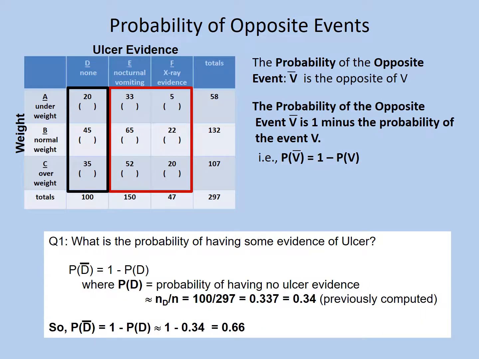So, to get our answer, we first find the probability P of D, which is approximately equal to N sub D over N, which equals 100 over 297, which equals 0.337, which rounds off to 0.34 to 2 decimal places. So, the probability of having some evidence of ulcer is 1 minus P of D, which is approximately equal to 1 minus 0.34, or 0.66.